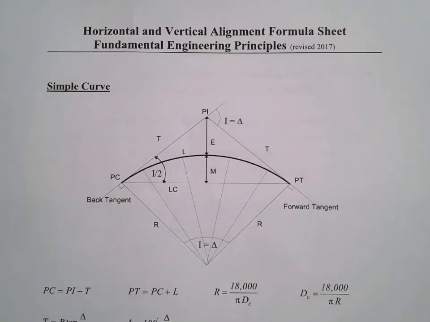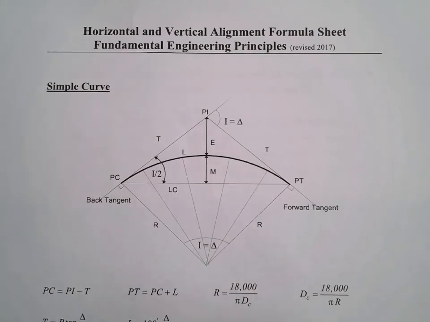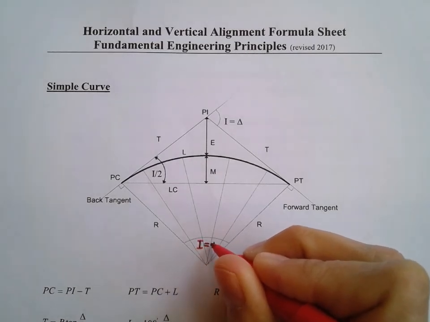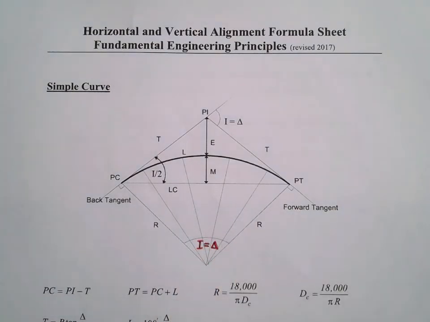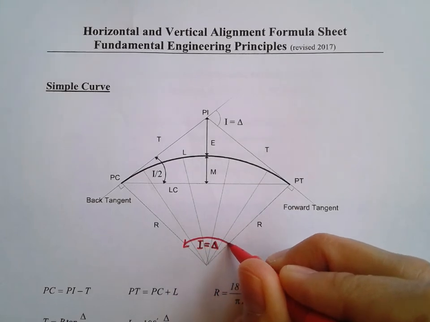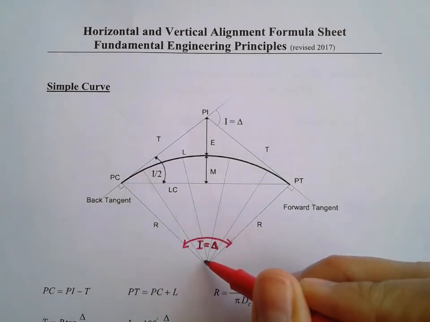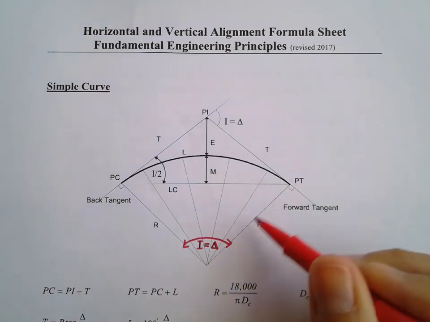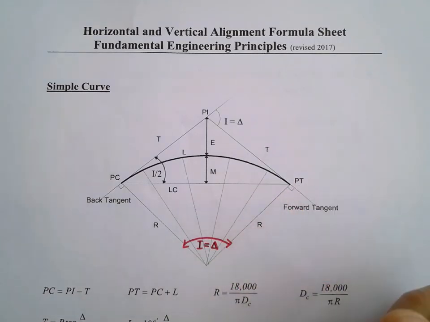The information that we were given in the problem was the angle of intersection, and that's down here as I, and remember that I is equal to delta. I is the same as that deflection angle for a simple horizontal curve, and that's that distance measured right here from the radius to the point of curvature, all the way along the radius to the point of tangency.